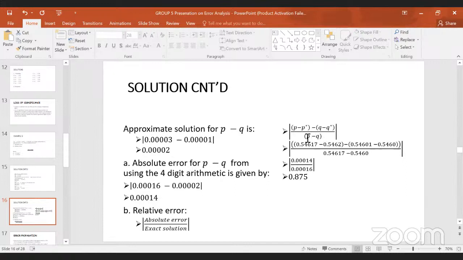Where you wrote A, put your cursor on A. You have absolute error for P minus Q from using the 4-digit arithmetic given by that. Now, the formula you used to arrive at that has not been given. I think I heard you say P star minus Q star or so.